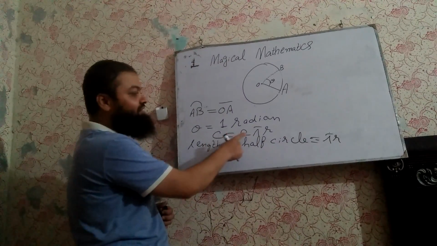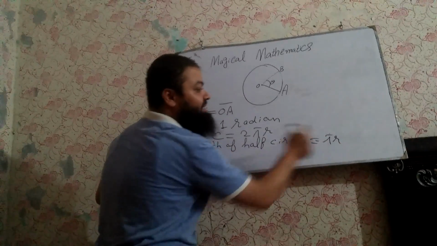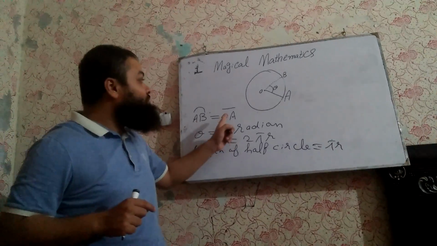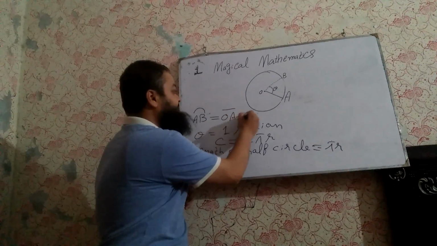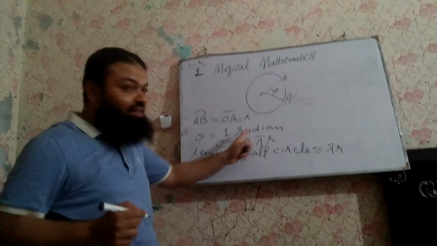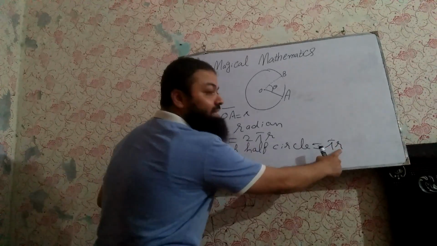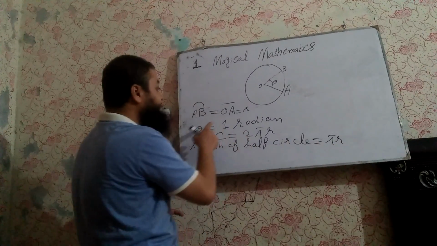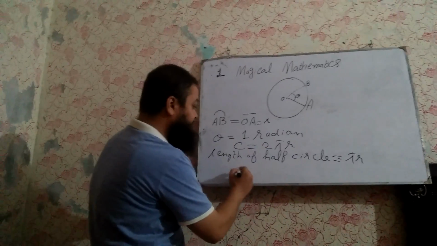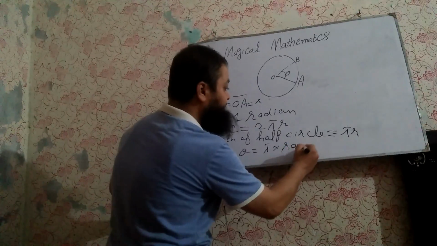Now the magical point is when arc length is equal to radius, then angle is 1 radian. Now if the arc length is pi multiplied by radius, then angle will be pi multiplied by radian.